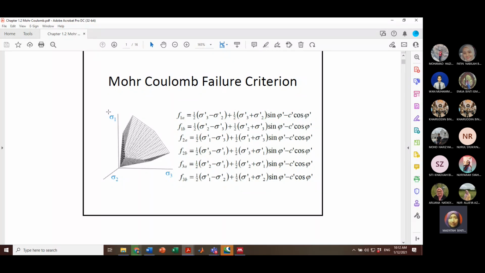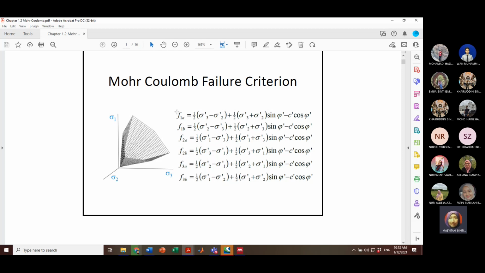Other than that, it is important for you to understand the yield criterion. For this material that behaves or fails in Mohr-Coulomb, it is presented in spaces, for example major principal stress sigma 1, intermediate principal stress sigma 2, and minor principal stress sigma 3.